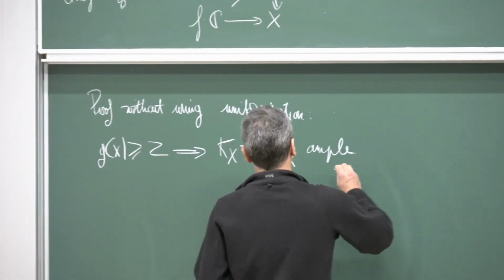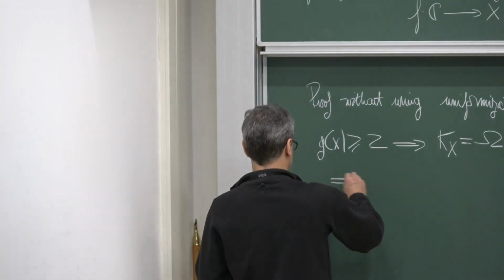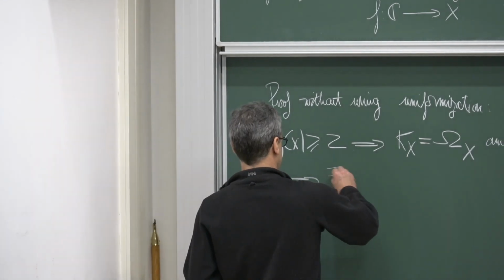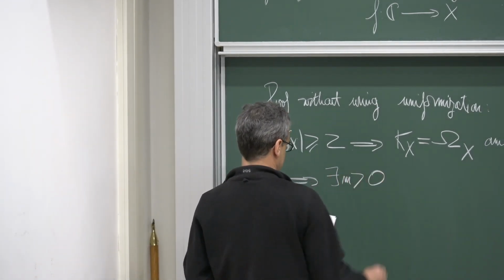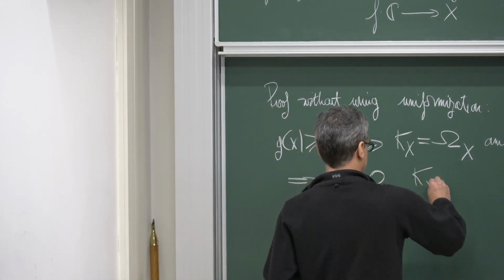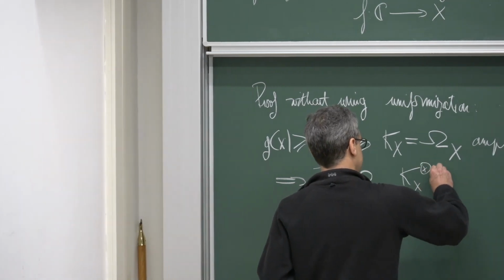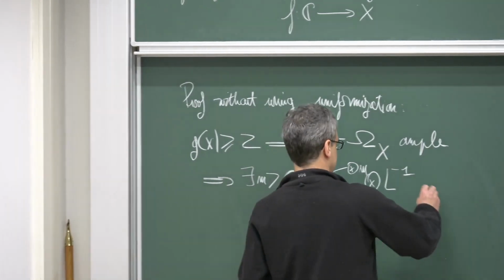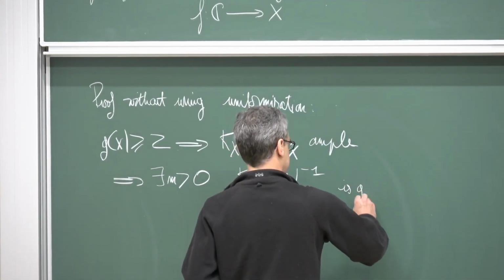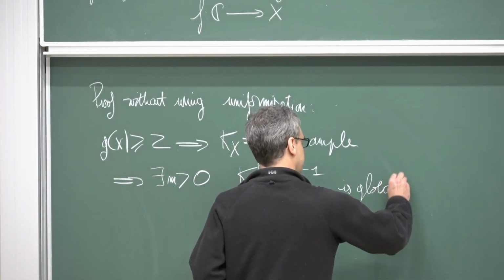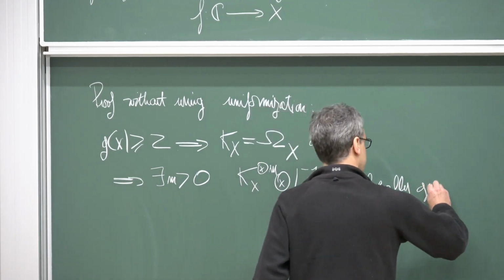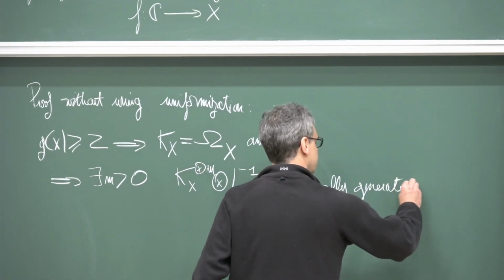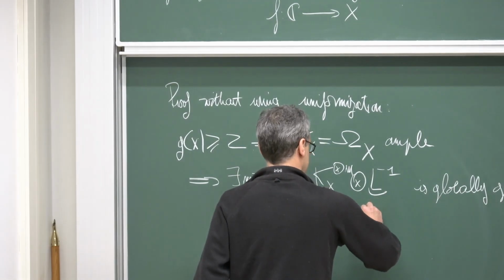So in particular, you can certainly find an integer m such that this bundle is globally generated, and this L is ample.